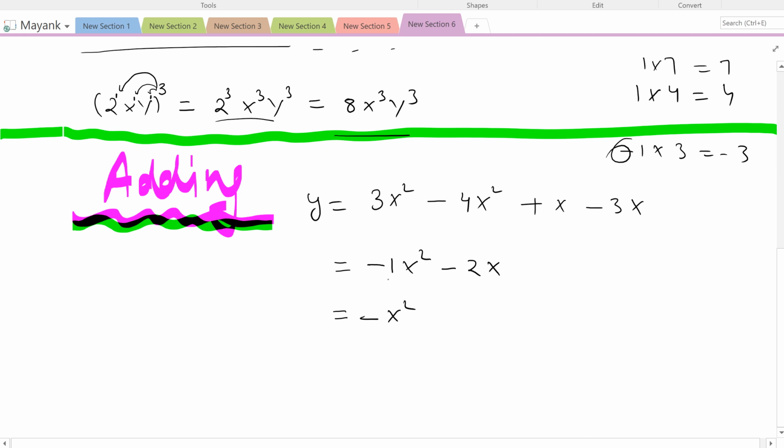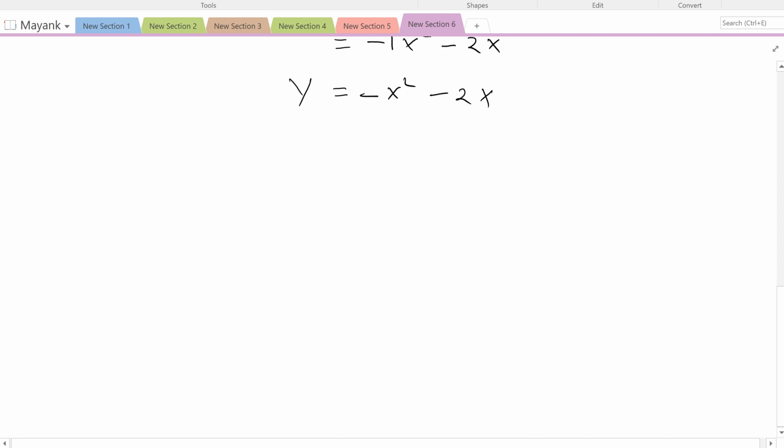So 1 doesn't affect x squared because 1 is just a unit, right? 1 times anything, that number is going to stay as it is. 1 multiplication doesn't change the number. And that is negative 2x, right? That's the adding or subtraction of these kind of like terms.